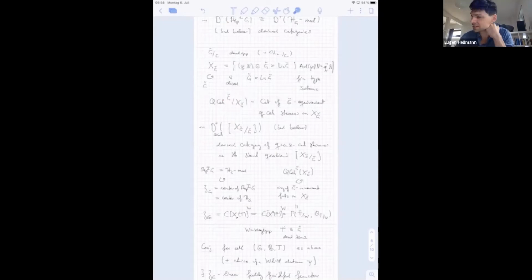And I never came across a statement that you can upgrade this for an action of a linear algebraic group, which doesn't mean that it's not true. It's just that I never came across it.